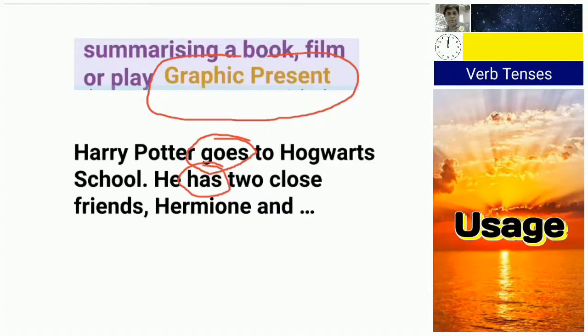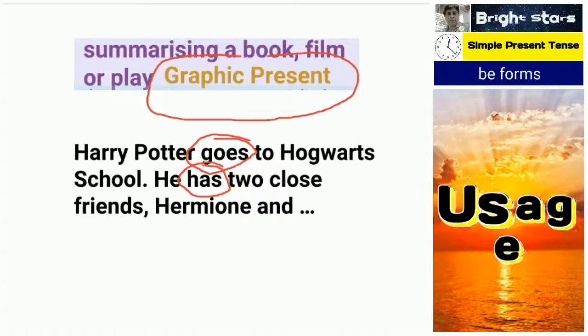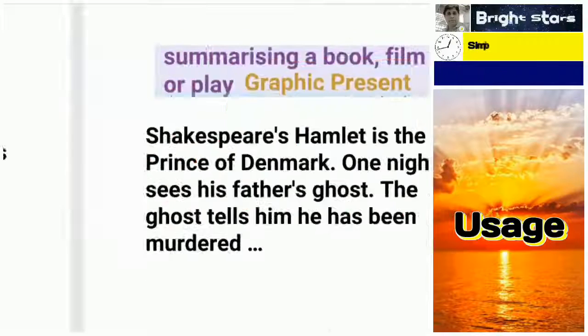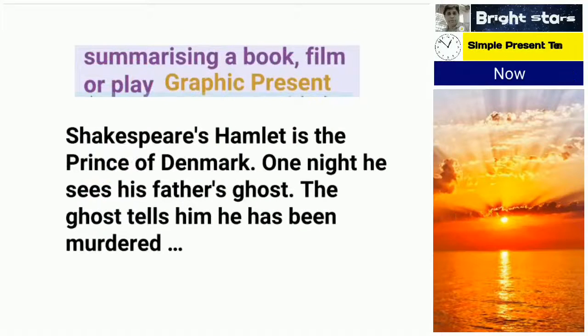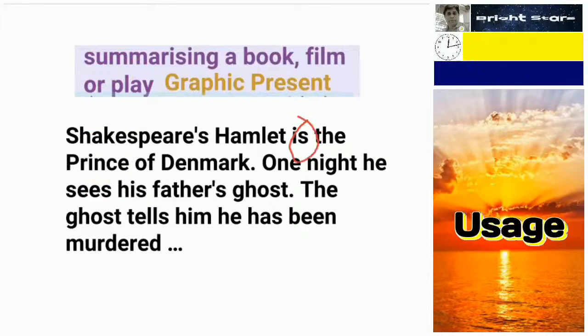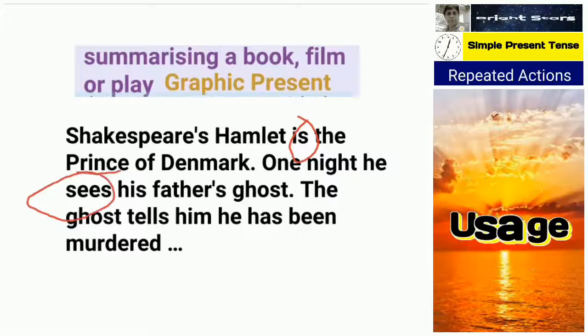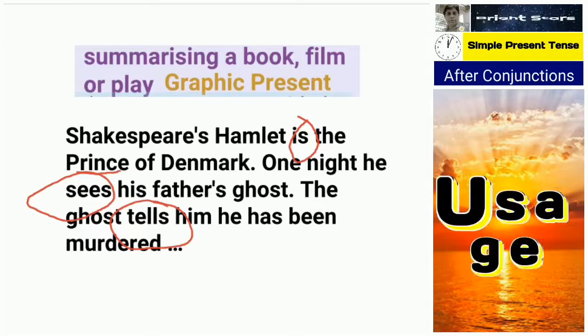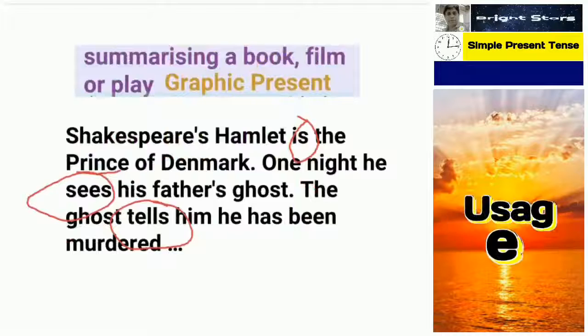See, we are using the simple present tense while talking about books, plays or dramas. Here, see Shakespeare's Hamlet. Hamlet is the Prince of Denmark. One night he sees his father's ghost. The ghost tells him he has been murdered. So it is past, but to show effectiveness we can use the simple present tense.